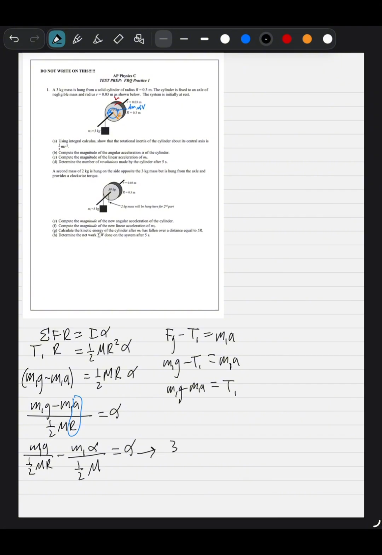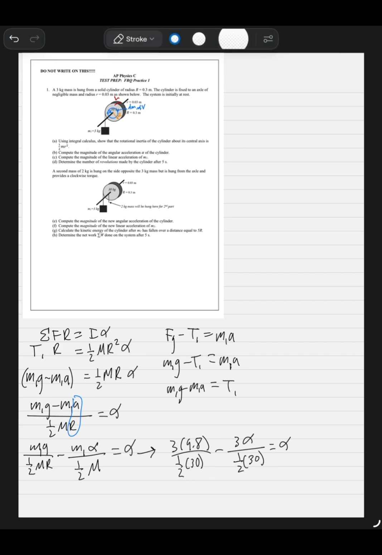So that'll be 3 times 9.8 over 1 half times 30 r. Oh, our r is 0.3. 6.533.